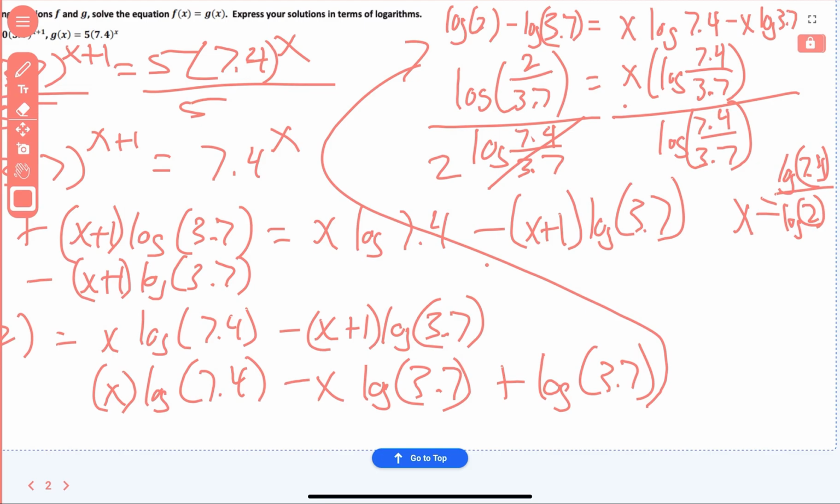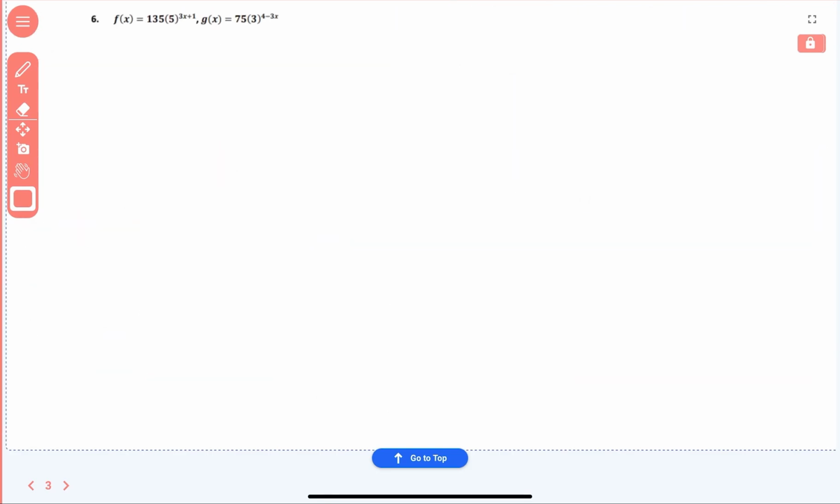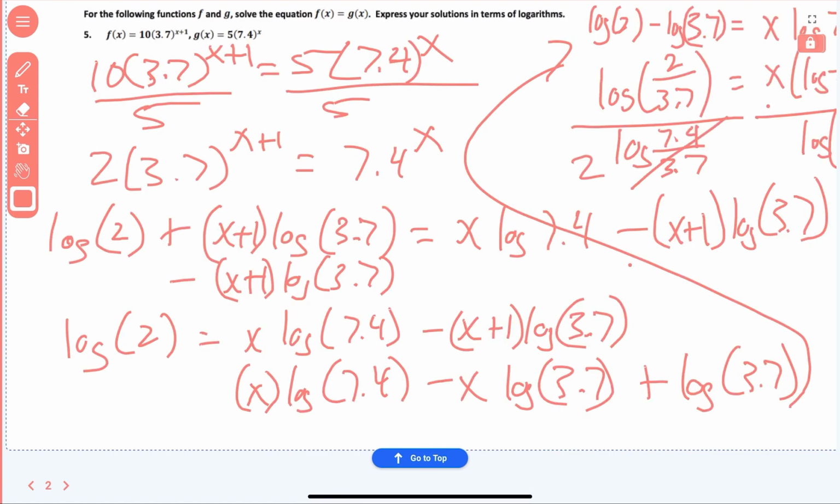Log 7.4 over log 2. Okay. I just left it as log 7.4 over log 2. Oh, is that right? Okay.